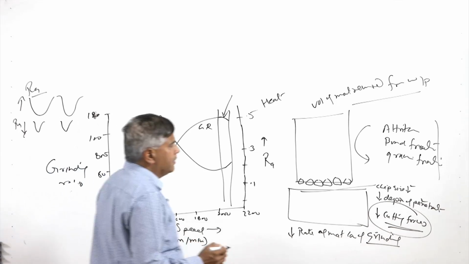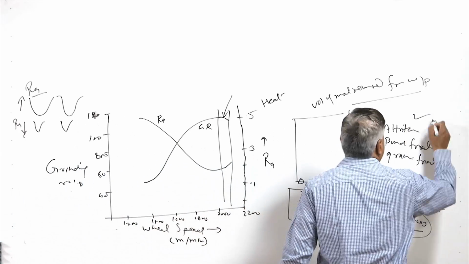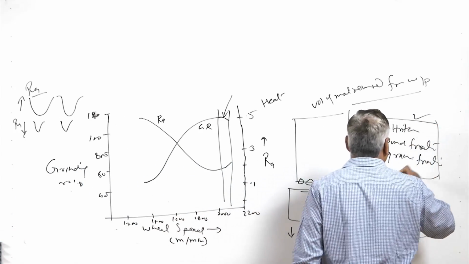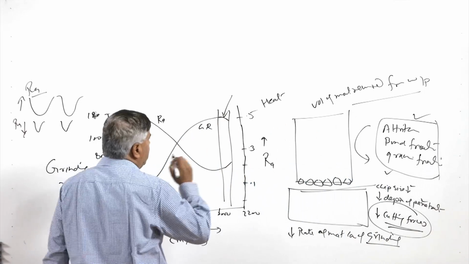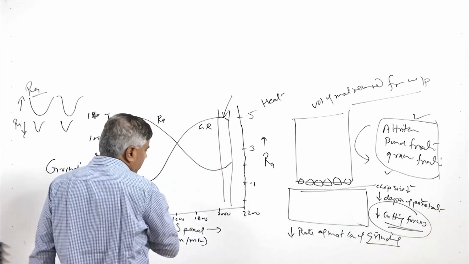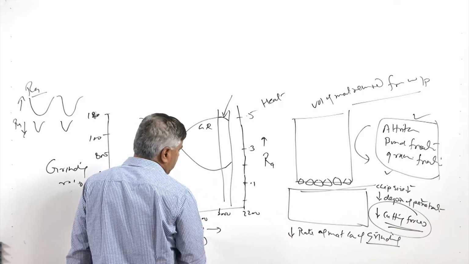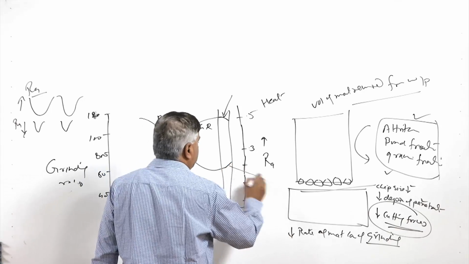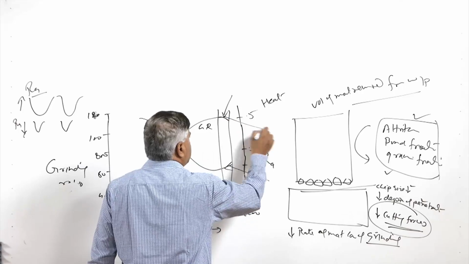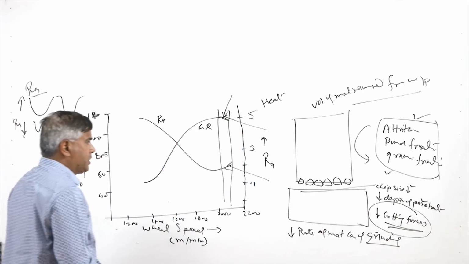The severity of all these three factors starts increasing due to the increasing surface temperature of the wheel as well as the workpiece. That in turn leads to an increase in surface roughness beyond a certain limit of the wheel speed and a decrease in the GR ratio.